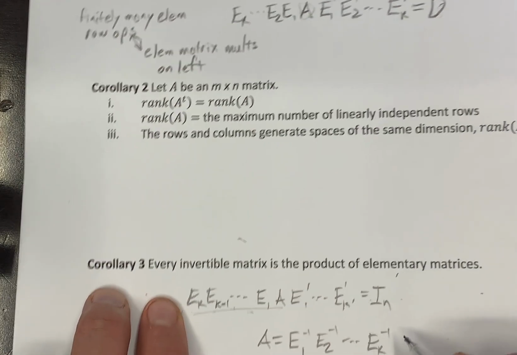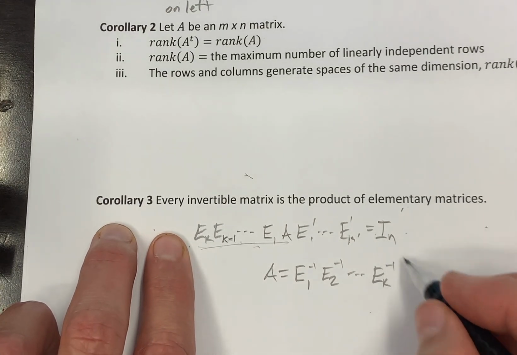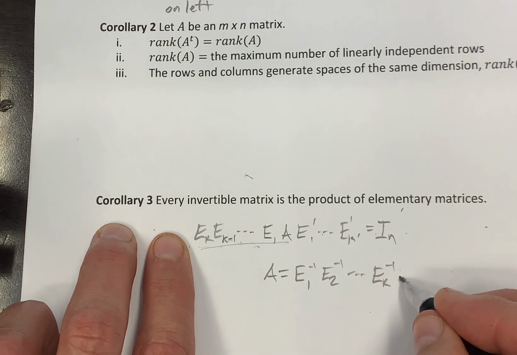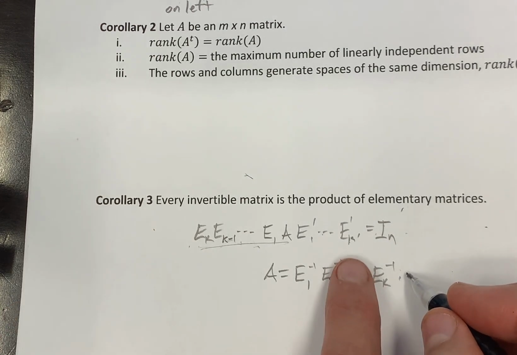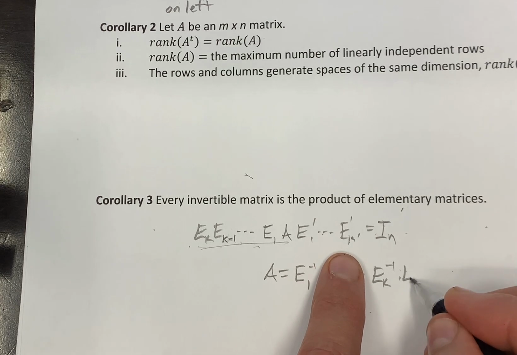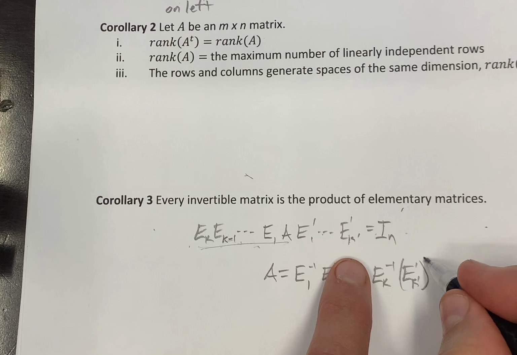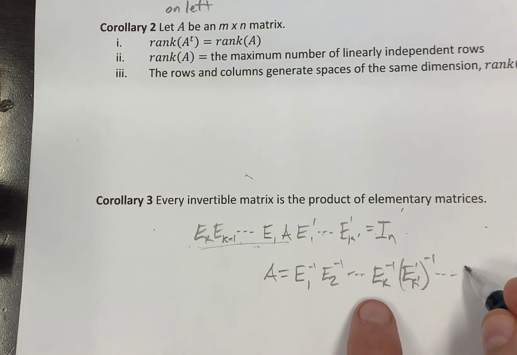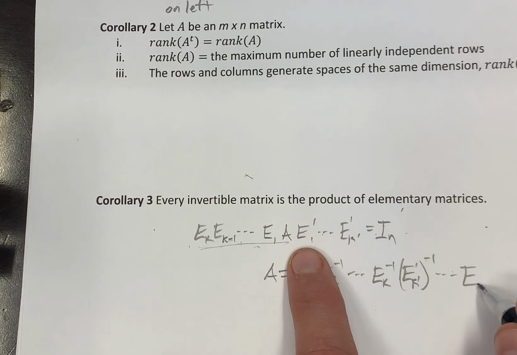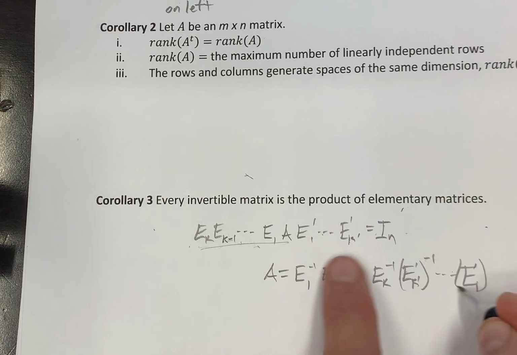Notice if we multiply that out there, life will be good. Then we'd have the identity matrix here, but that disappears. And then over here, we have EK prime inverse. Maybe my notation isn't the best, but these are all elementary matrices, E1 prime inverse.